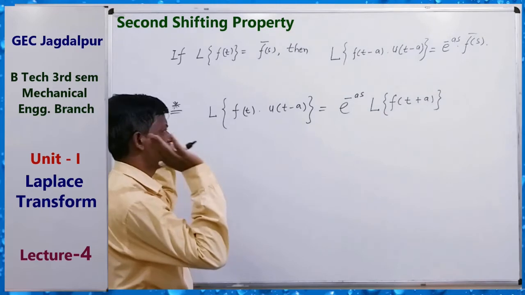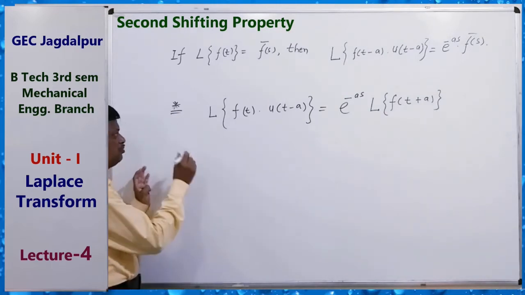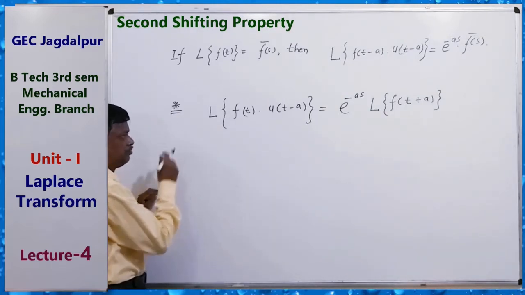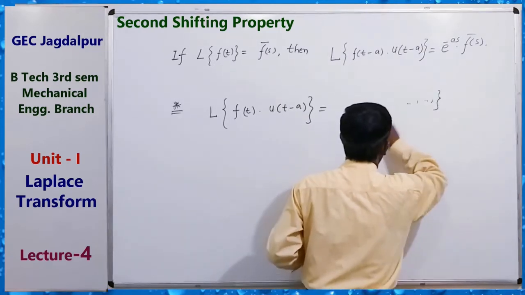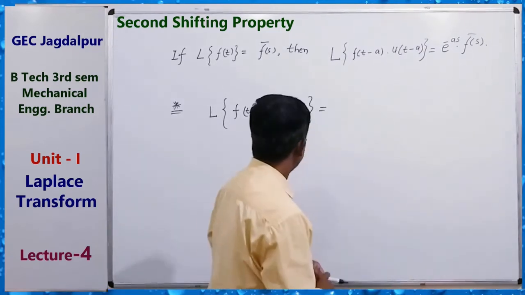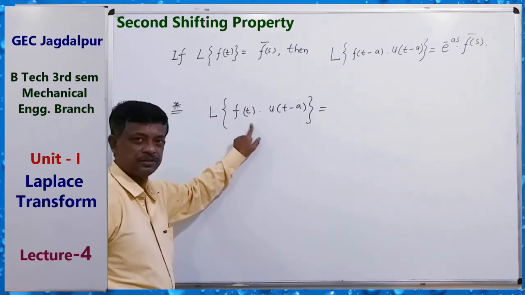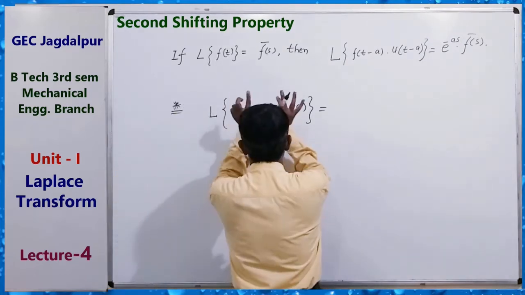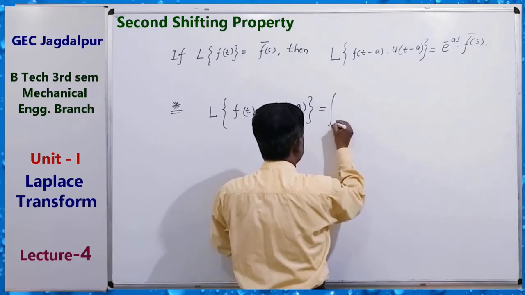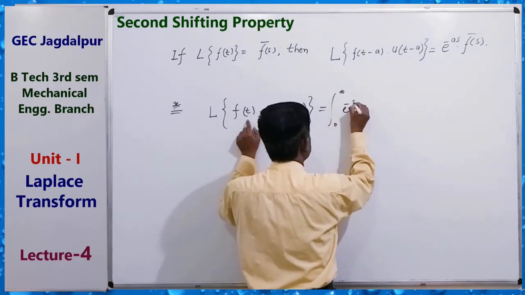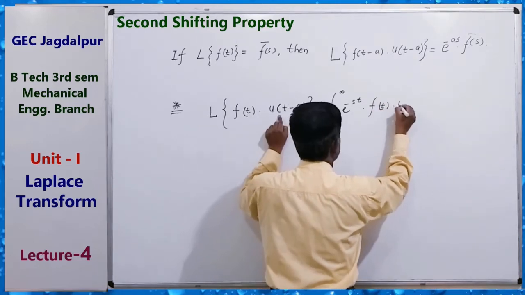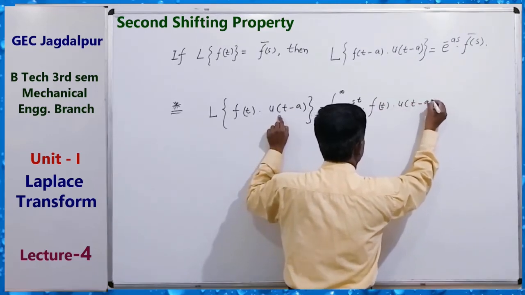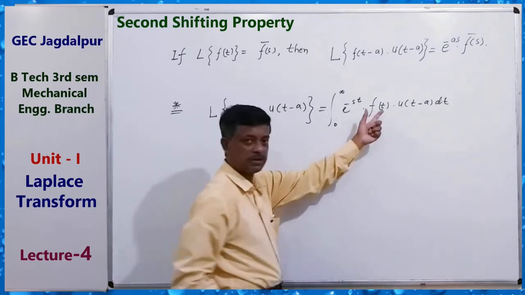By the same process. For a short proof, this is equal to the Laplace transform of this, 0 to infinity e to the power minus st f(t) u(t minus a) dt, by the definition of Laplace transform.